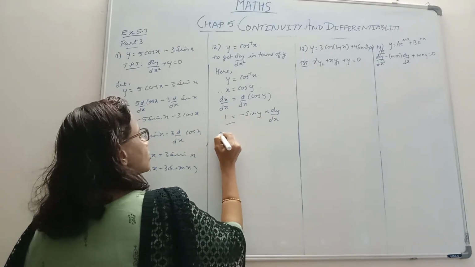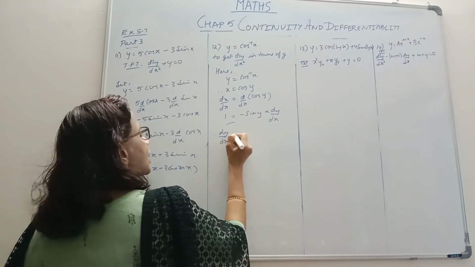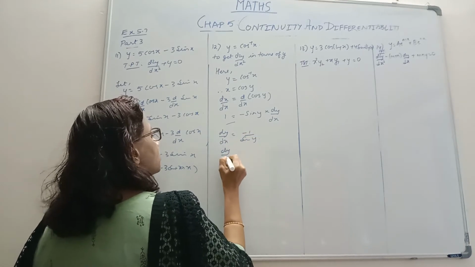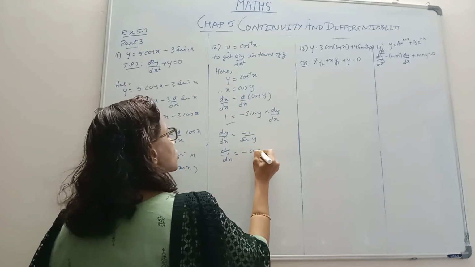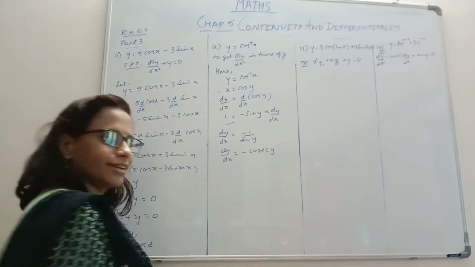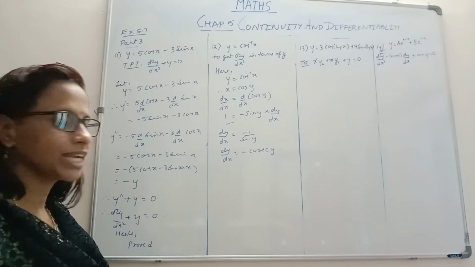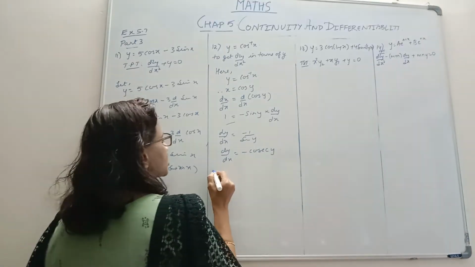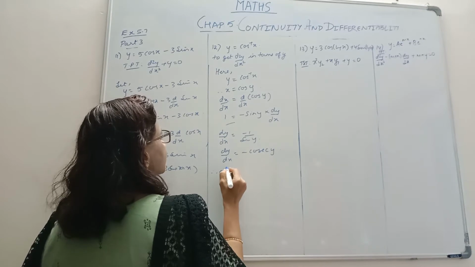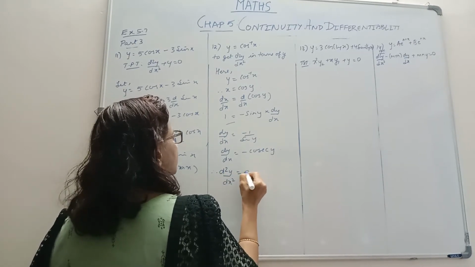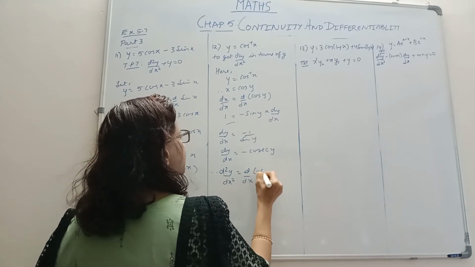This can go there. So it will be dy by dx left, and this will become minus 1 by sin y because it goes there. So dy by dx becomes minus cosec y, right? The next step is taking the derivative with respect to x again, so d squared y by dx squared. We have to take the derivative with respect to x of minus cosec y.